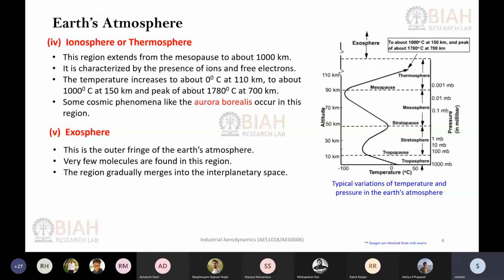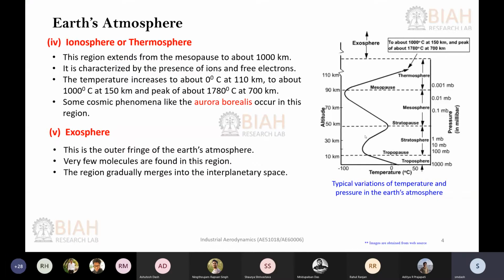At around 110 kilometers from sea level, the temperature is about 0 degrees Celsius. If you go further high, the temperature can reach 1,000 degrees Celsius at 150 kilometers, and up to 1780 degrees Celsius, the peak temperature observed at around 700 kilometers.